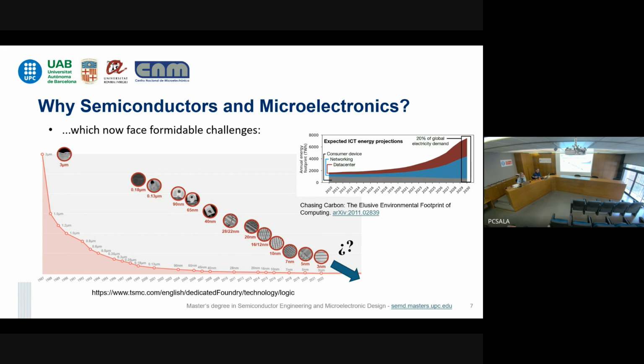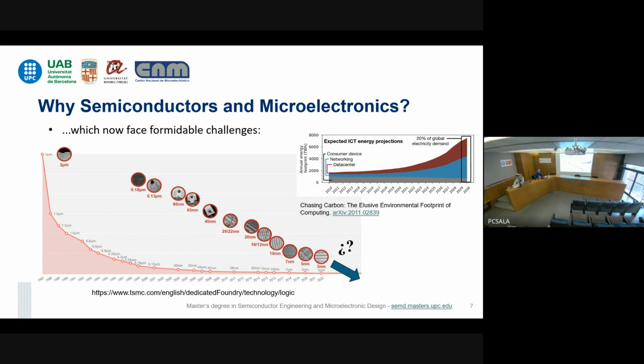But even if you don't like research and you want to be a bit more pragmatic, I would say that there is a third reason why there is a big interest in semiconductors and microelectronics today. In this evolution of technologies, from the 3 micron node, like you have on the left of the plot, to the current state of the art, a phenomenon has happened, which is that the industry has become more and more selective.